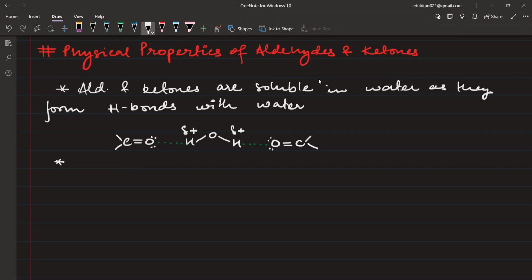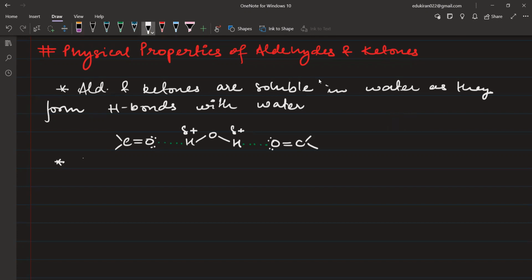If you are going to increase the number of alkyl chains, which are unfavorable for the solubility, alkyl chains are going to decrease the solubility. So in total, we can say on increasing the alkyl chain length, the solubility decreases. Why? Because alkyl chains are non-polar.